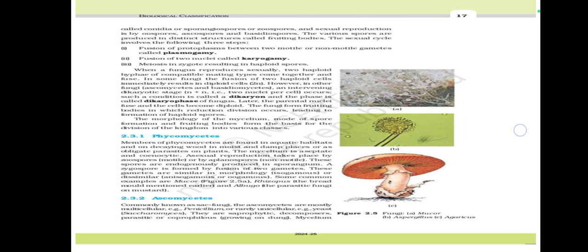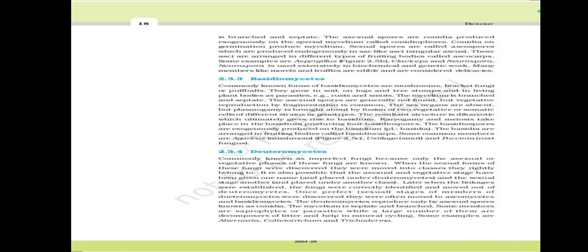Mycelium is branched and septate. The asexual spores are conidia produced exogenously on the special mycelium called conidiophores. Conidia on germination produce mycelium.